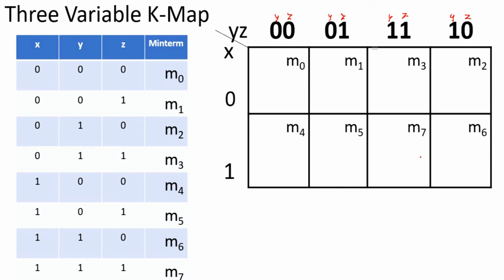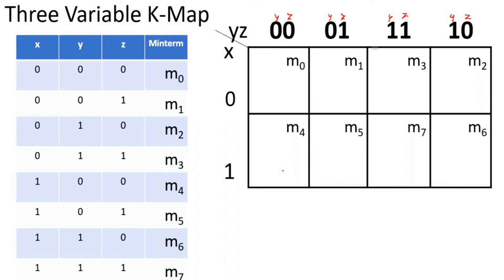So, ganun ang pagbibilang. But, saan nakuha yung subscript na 0, 1, 3, 2, 4, 5, 7, 6? Actually, they are the decimal value nung katapat na mga variables nila. For example, dito sa 4, 1, 0, 0. Kung i-convert mo yan sa decimal, ang value niya ay 4. Yes. So, this is a 3-variable K-map.